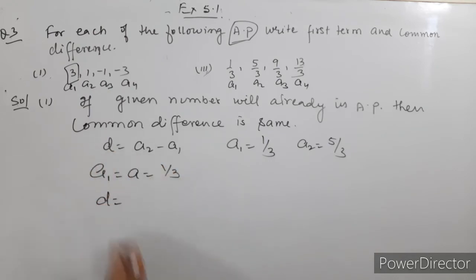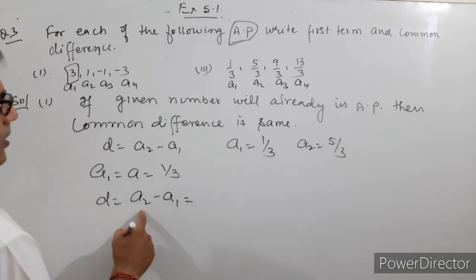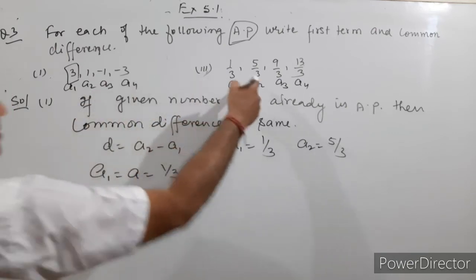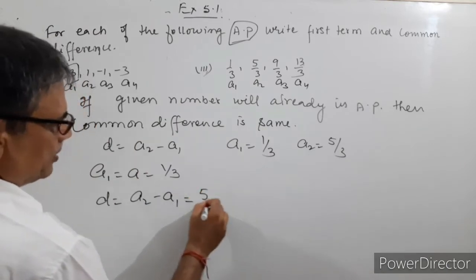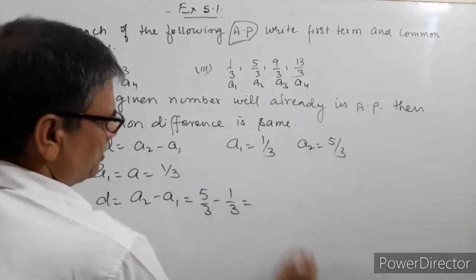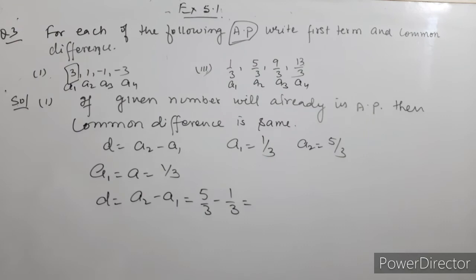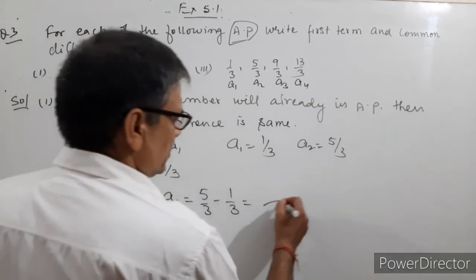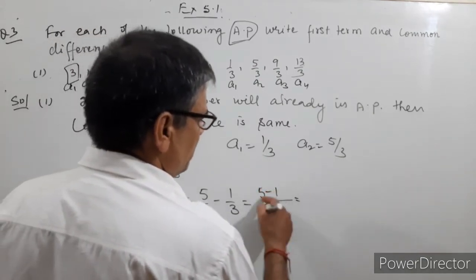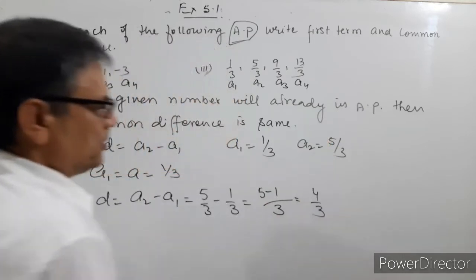D is the common difference. What is the formula of D? A2 minus A1. What is A2? Here is A2, 5 by 3 minus 1 by 3. And you know, when the denominator is the same, here is 3, 5 minus 1. 5 minus 1 is 4. 4 by 3.